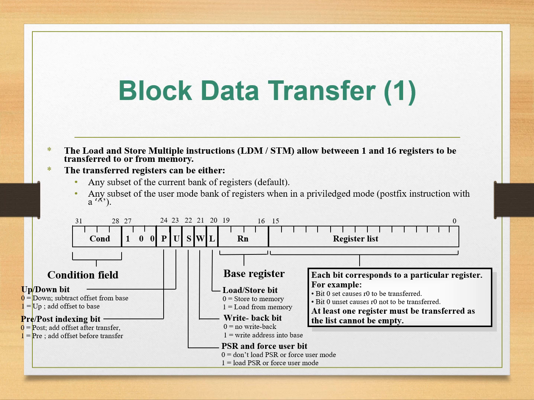You can transfer up to 16 registers to the memory, or you want to keep the values back to the registers. The transferred registers can be any subset of the current bank of the register.